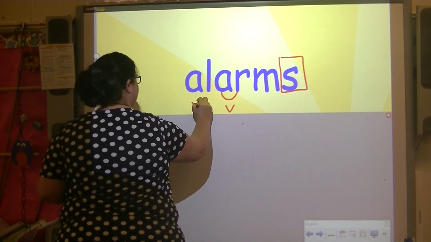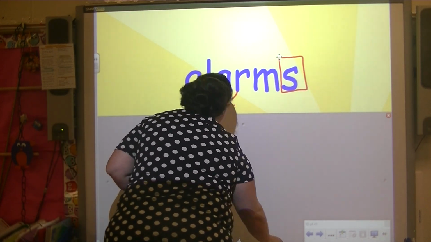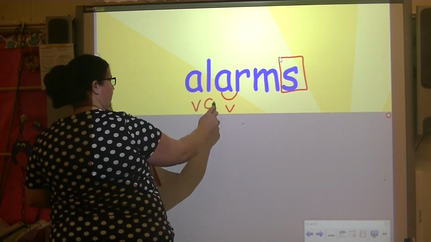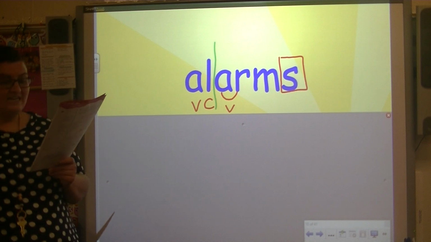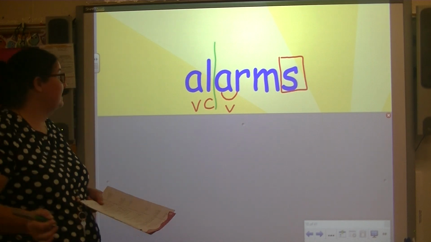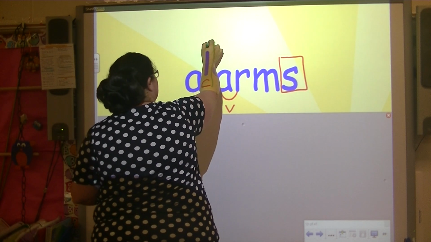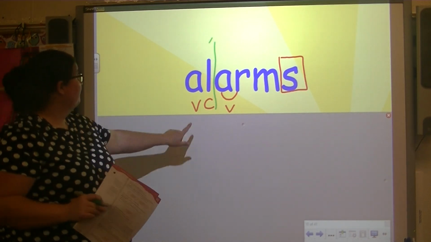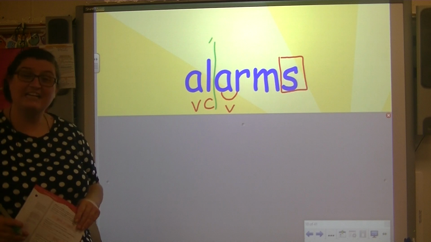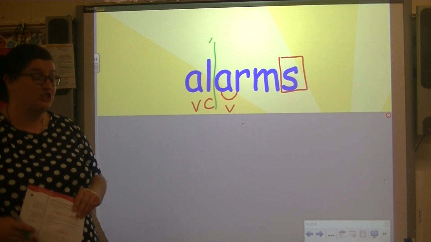Let me put it back. We're going to divide after the consonant. When we divide there, the accent is still on the first syllable. Now let's try it there. Vowel followed by consonant is short.